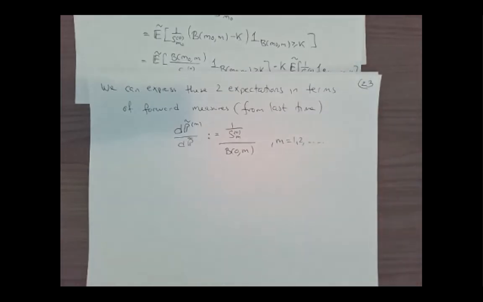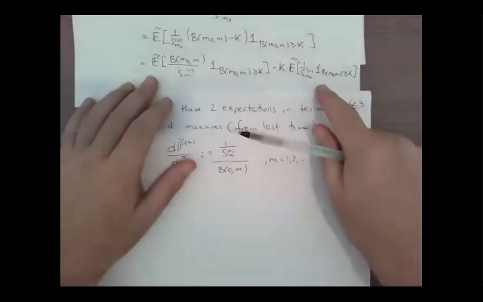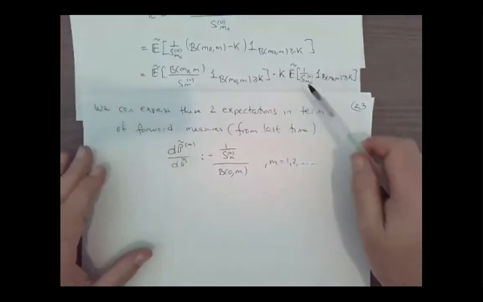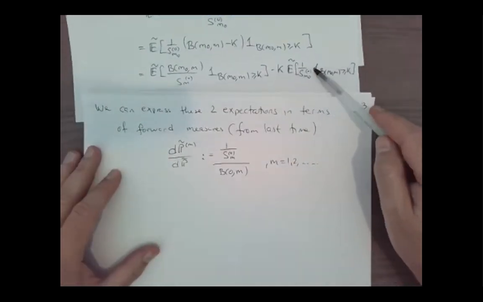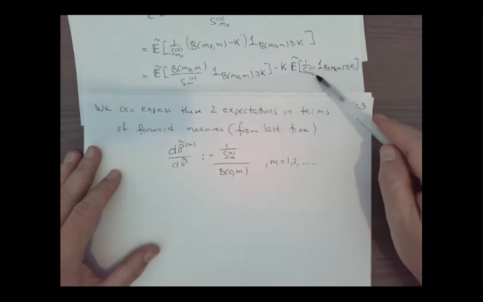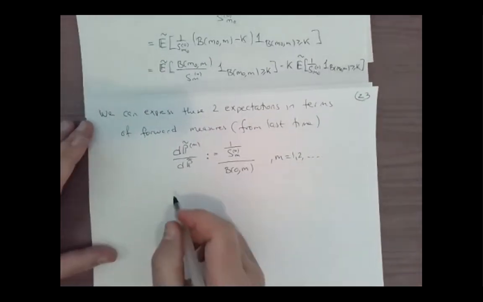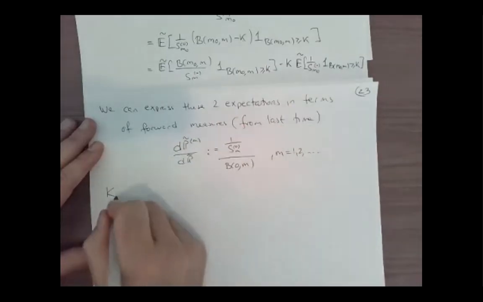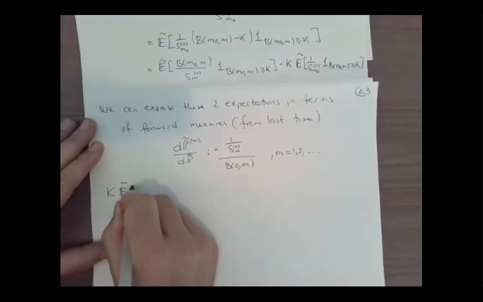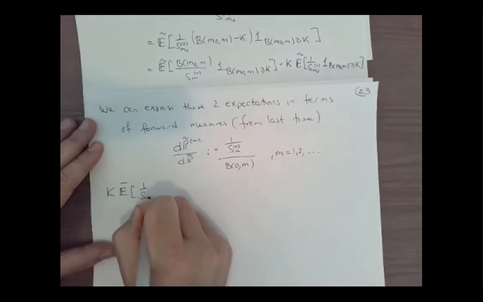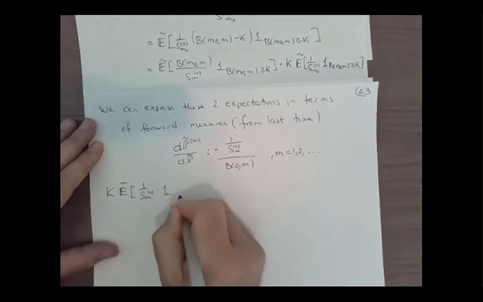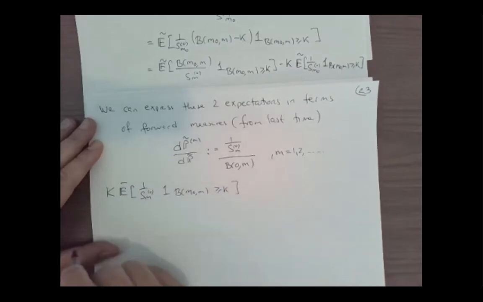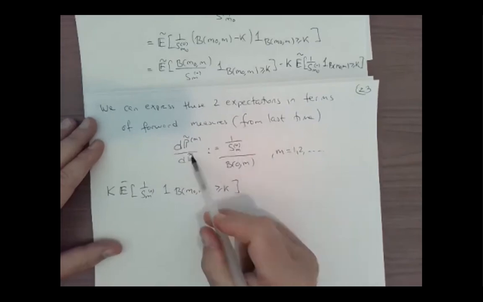So we can use these forward measures to calculate these two terms. Maybe we should start with the second one, because you can see here is the Radon-Nikodym derivative already. So for example, if I were to write K and then this expectation, 1 over SM0, the indicator being bigger than K, I can write this in terms of the Radon-Nikodym derivative.